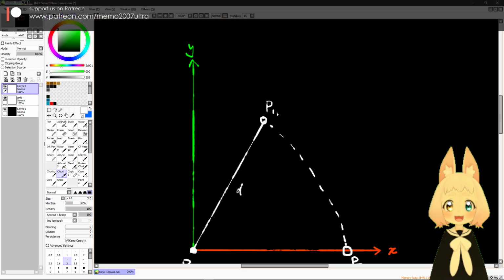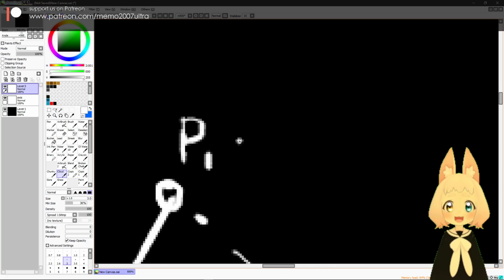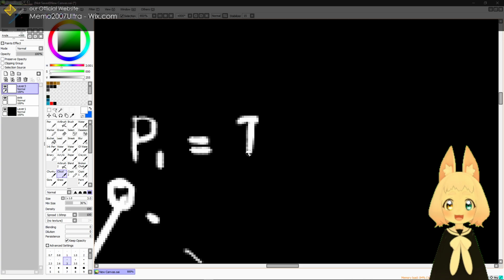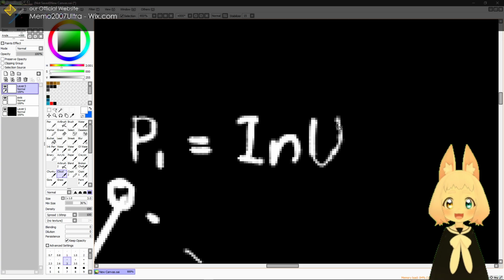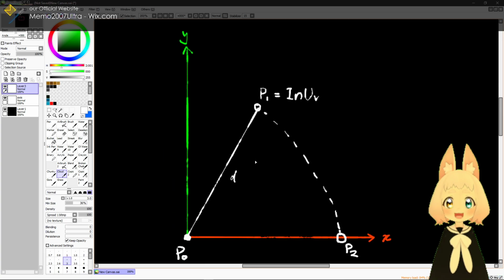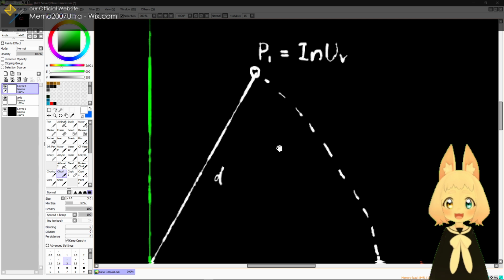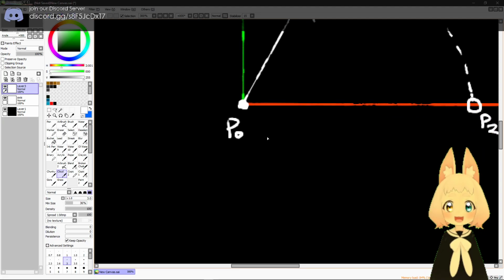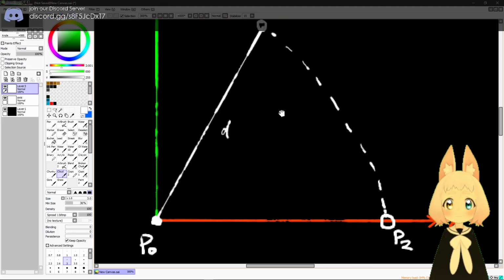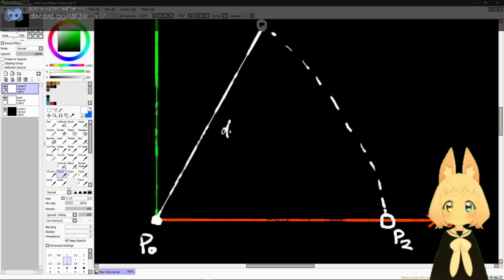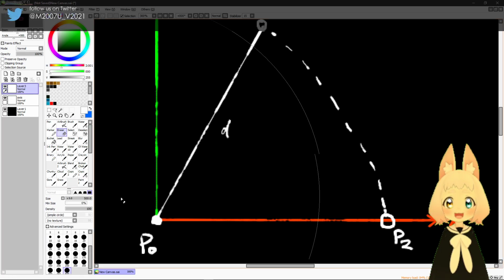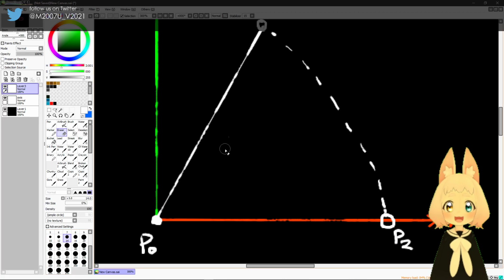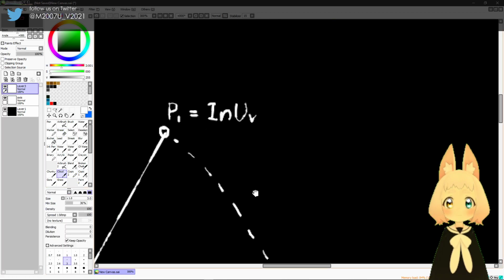If you take a look at this, P1 is actually UV in. So we know that. The center point is user defined, so we can immediately know what D is. Let's get rid of this, that's a big eraser. There we go. Let's get back to cloud.